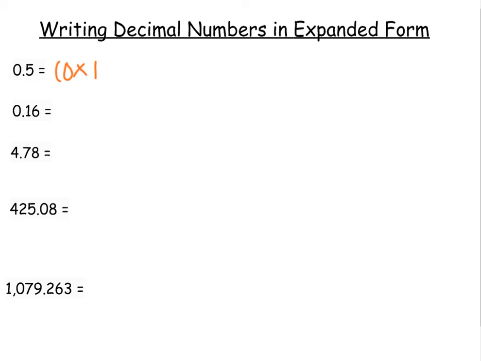It doesn't matter at this point. Plus 5 in the tenths place, that's the same as saying 5 times 1/10. You can have this expanded form, or you could have expanded form without that ones place. And we can just have 5 times 1/10. And that works just as well.